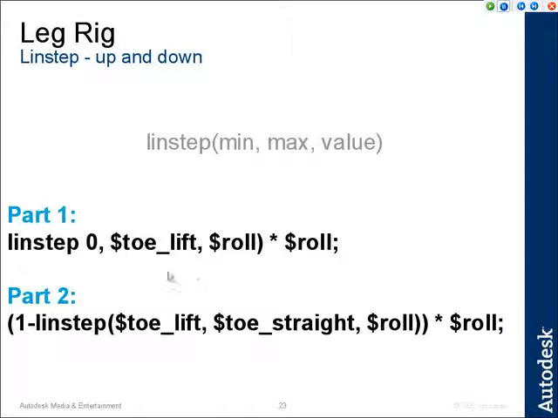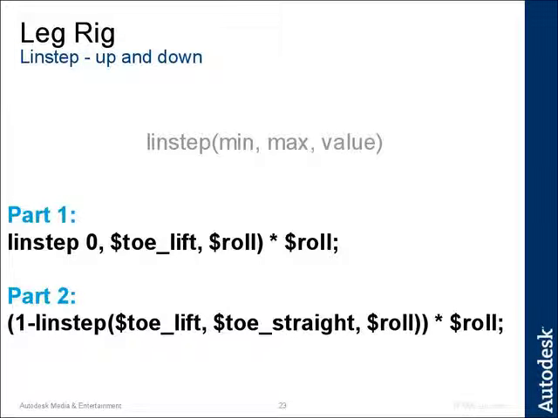So 0 is our minimum, toe lift is our max, roll is the input value, multiply that by roll. Same thing basically that we saw for the toe. Then on part 2, we have something completely different. In part 2, we're inverting the entire thing so that when the result is 0, we get 1, but when the result is 1, we get 0.